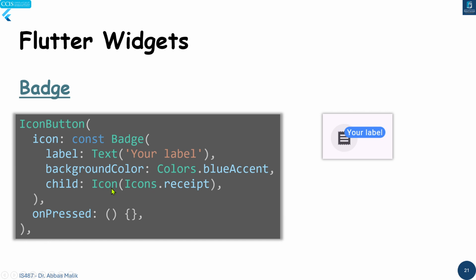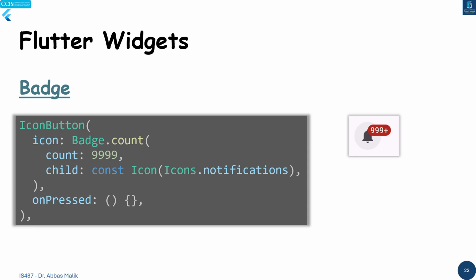We also have the icon shape. So we are specifying the icon and with a badge that we are putting over there. Then we also have on press, and of course, with the icon button, you need to press. You need to have the on press, which is a compulsory parameter that we have to provide when we are creating the icon button.